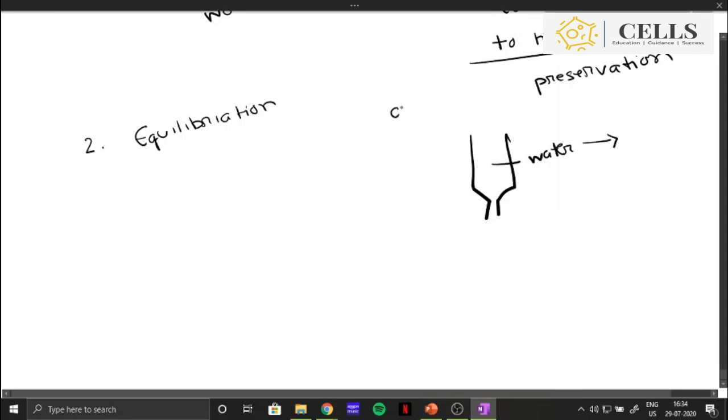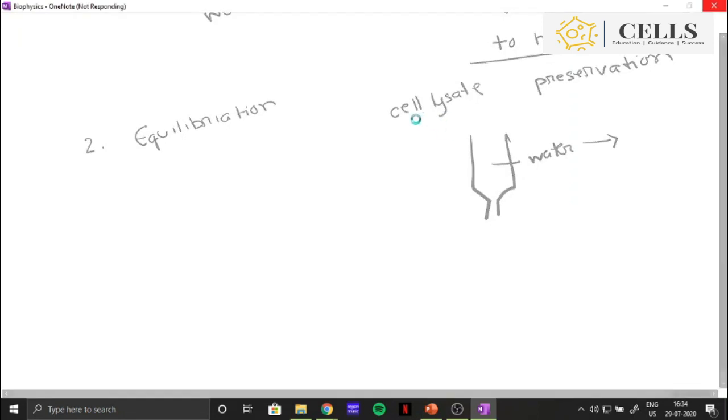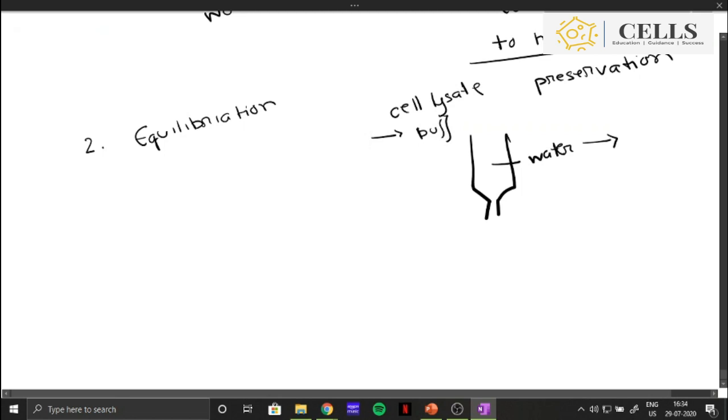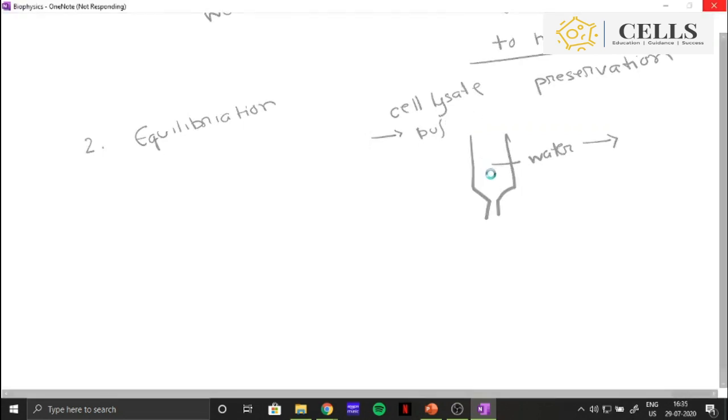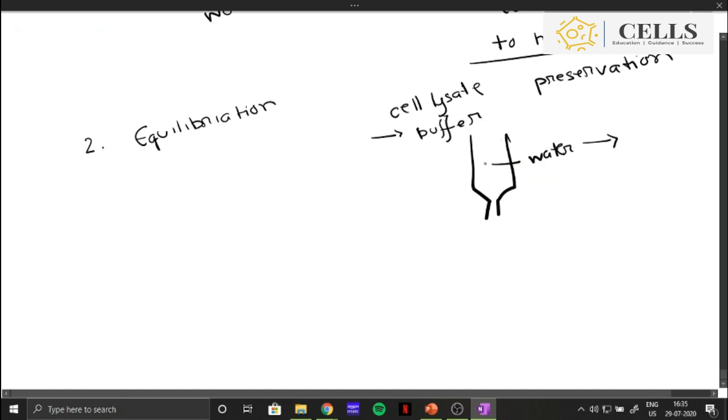The cell lysate that you make is made in a specific buffer. So now you are changing the environment inside the column from water to the buffer in which the cell lysate is made, so that the protein doesn't get a shock.